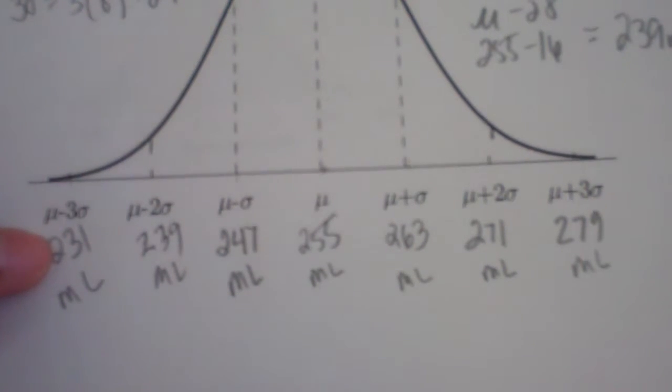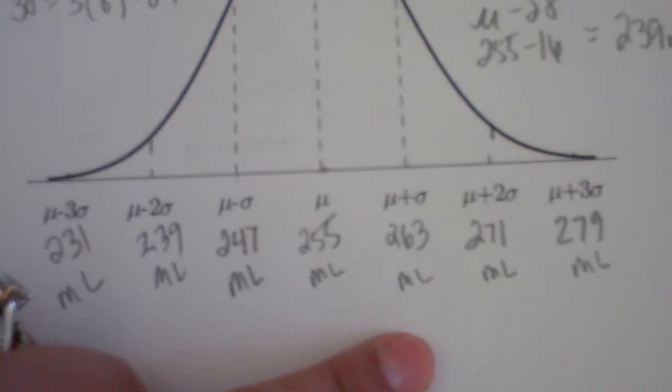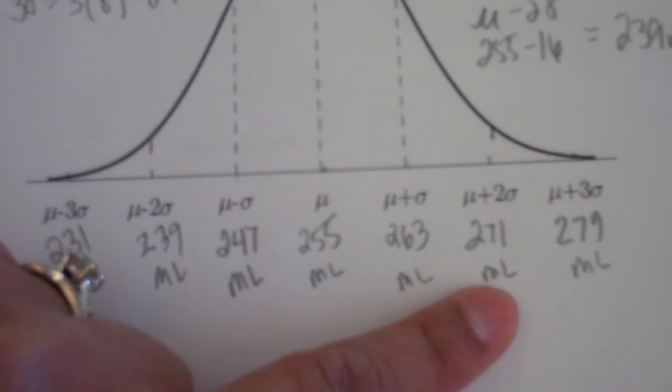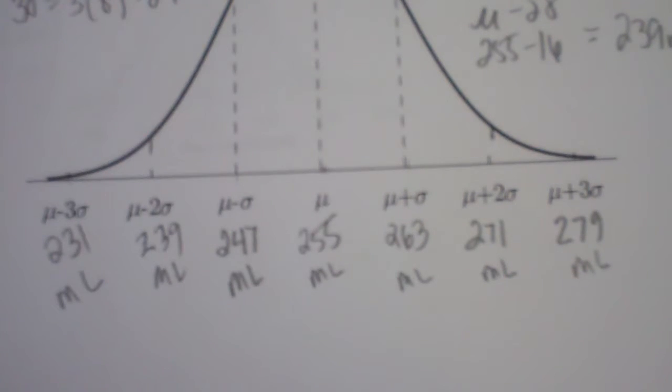If we add 8, we should get to that next number. So 231 plus 8, 239. Excellent. If we add 8 again, we should get to the next one, 247. Adding 8, 255. Adding 8, 263. Adding 8, 271. Adding 8, 279. So here we can see that we're increasing by increments of 8, which is what we did.